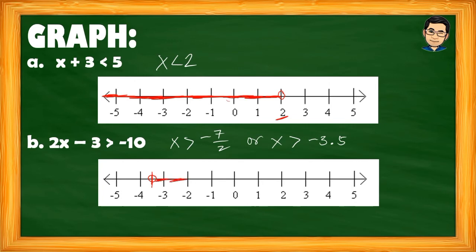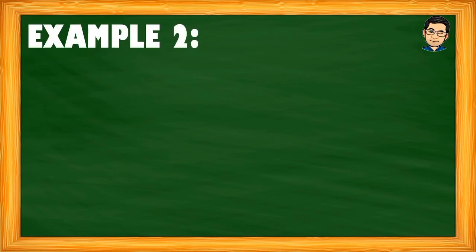So ayan, shade po natin lahat yan hanggang dun sa arrowhead. So, yan po ang solusyon ng 2x minus 3 is greater than negative 10. So, let's have the next example.